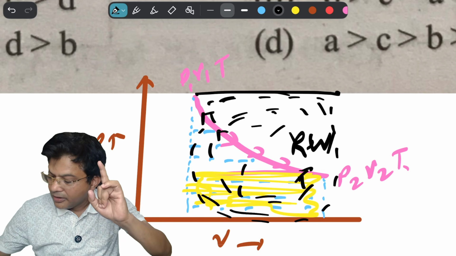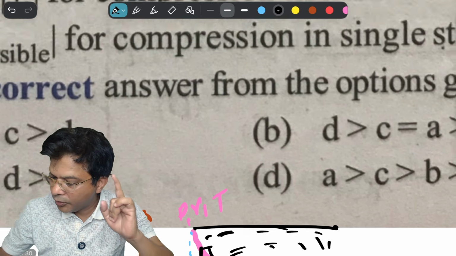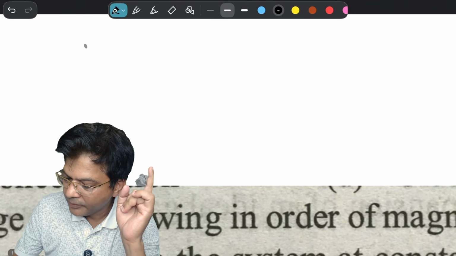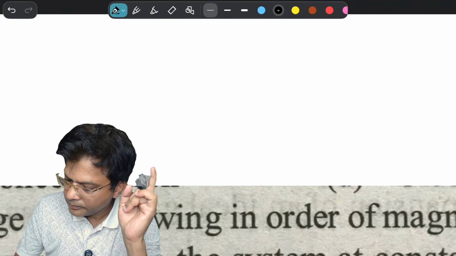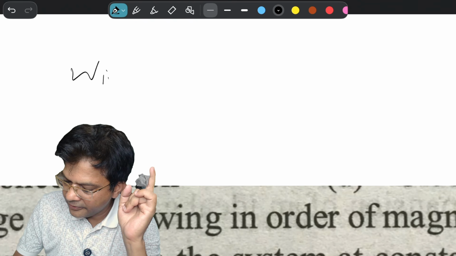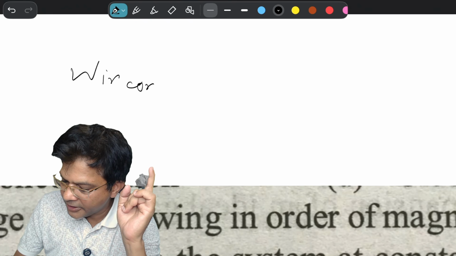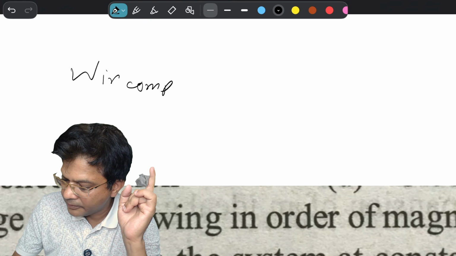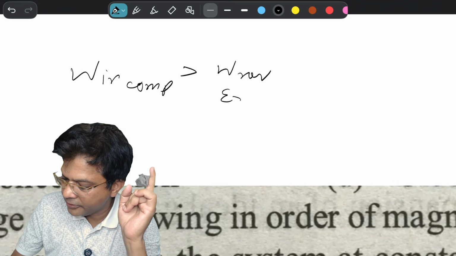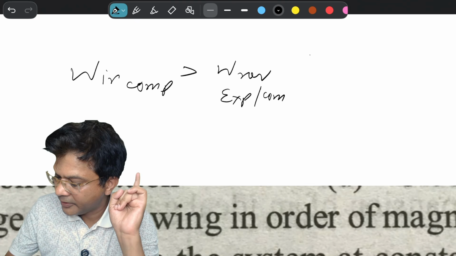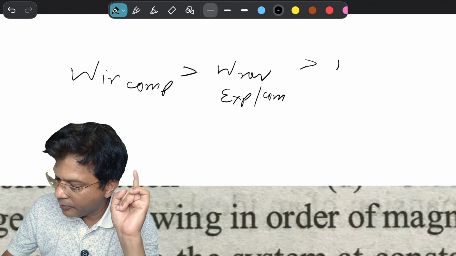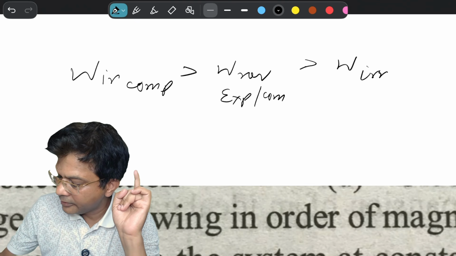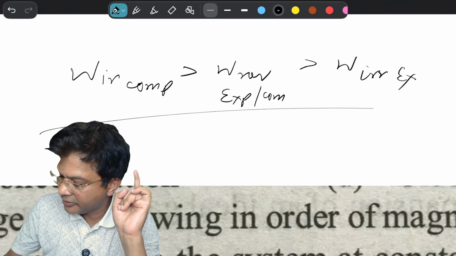So just let me write down what I have told you. Work done during irreversible compression magnitude is maximum, then W reversible expansion or compression same irrespective of the sign, then W irreversible expansion. This is my answer.